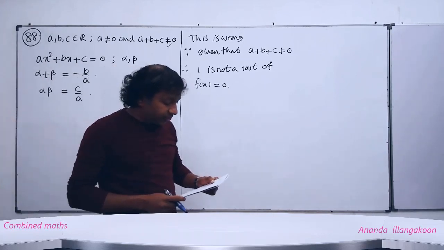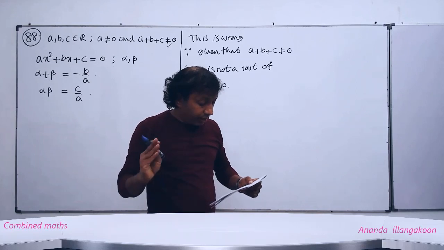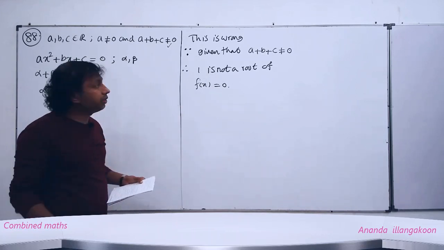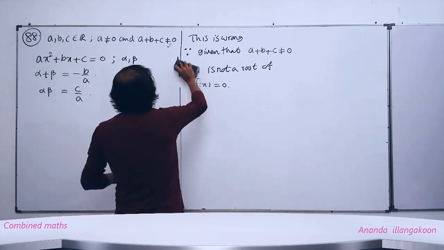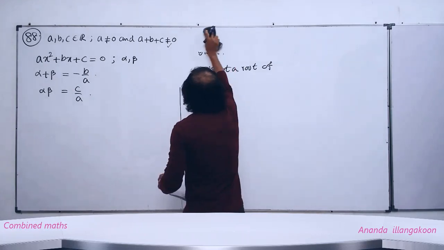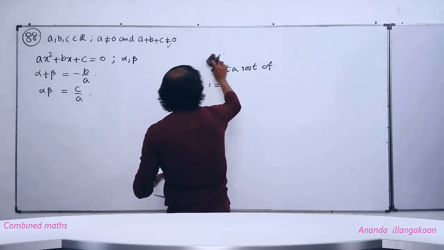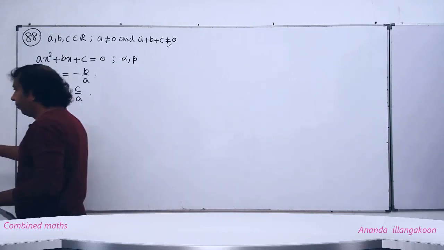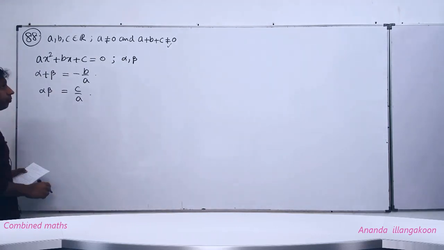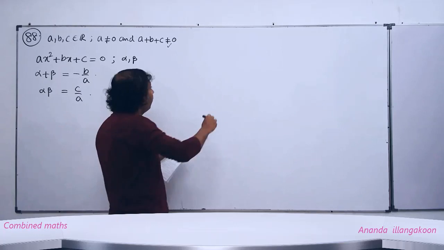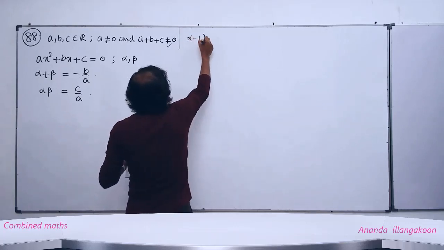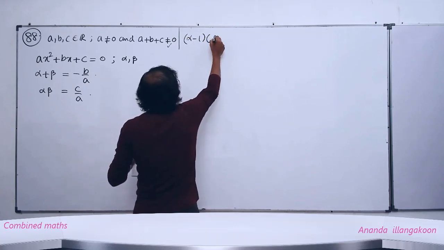Now we are asked to show that (alpha minus 1) times (beta minus 1) is equal to this answer. Everybody can get that very easily. We write (alpha minus 1) times (beta minus 1).